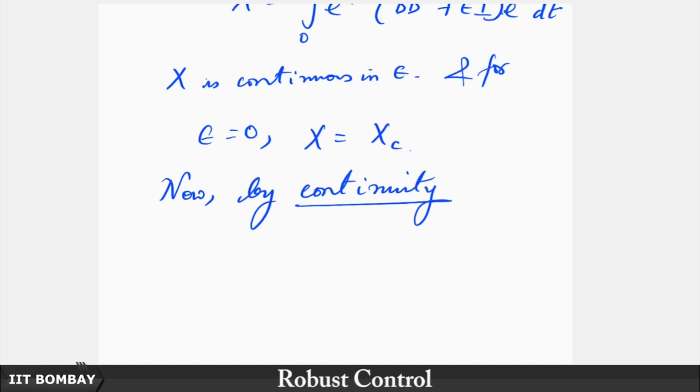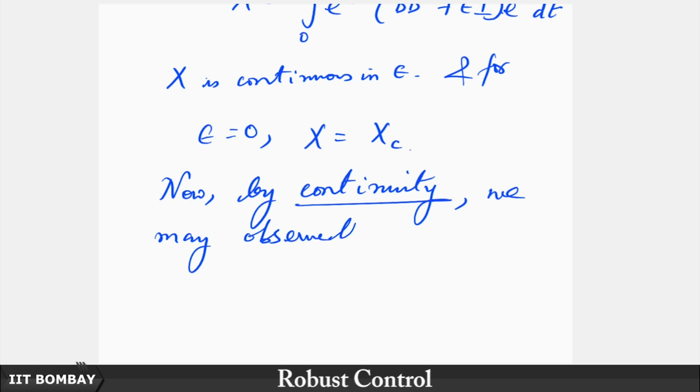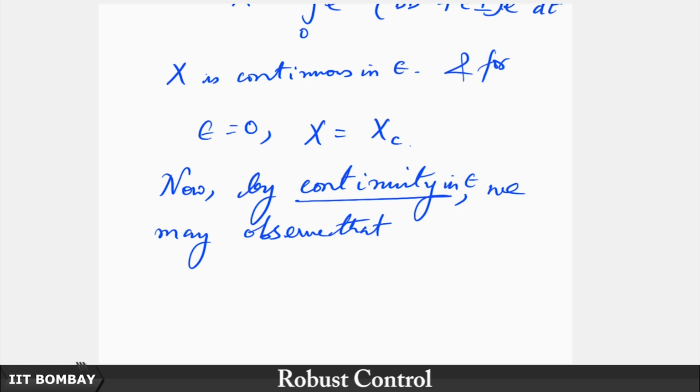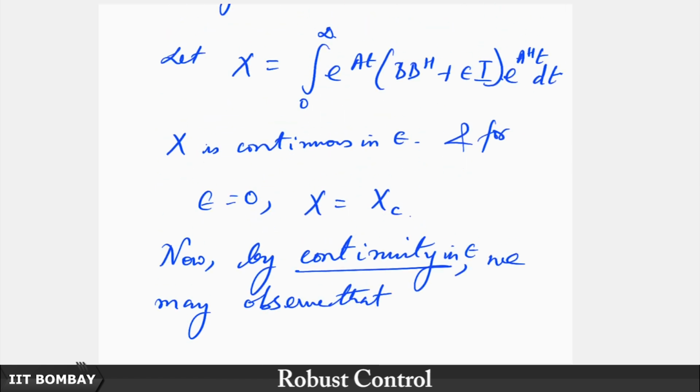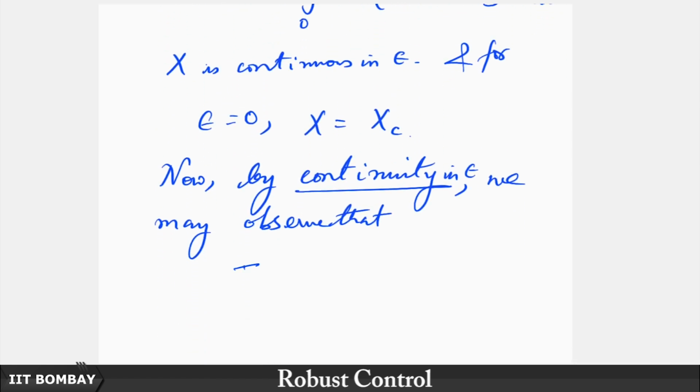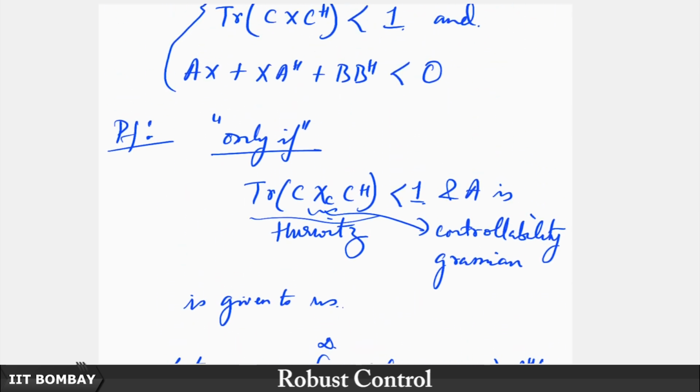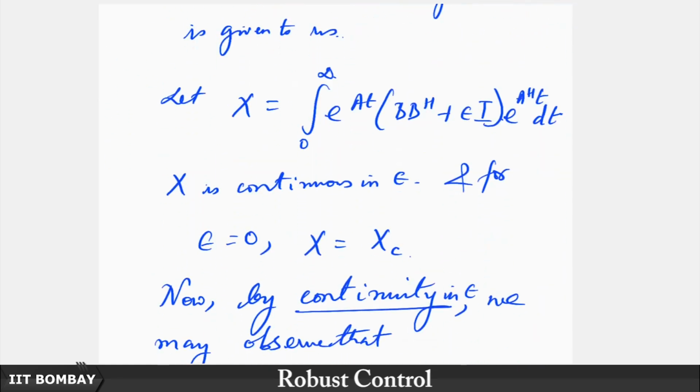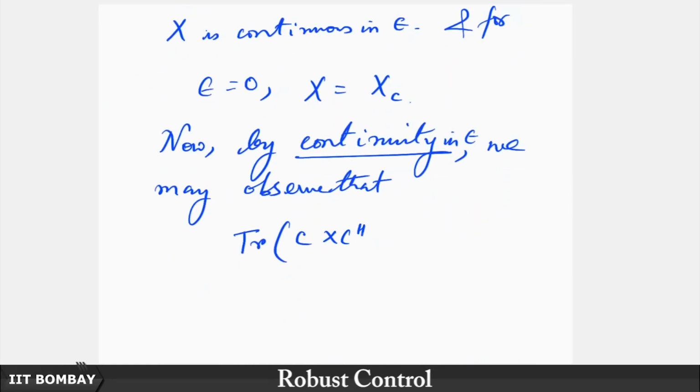Now, by continuity in epsilon, we may observe that the trace of C X C Hermitian is also less than 1.